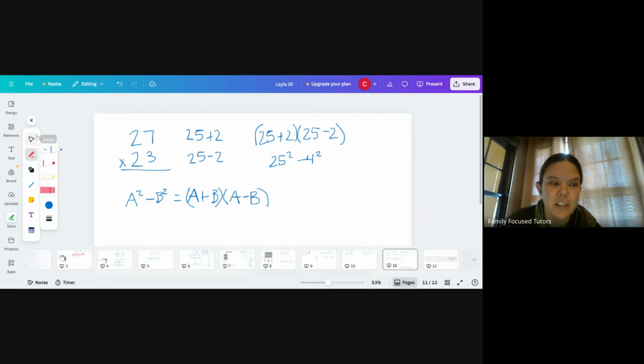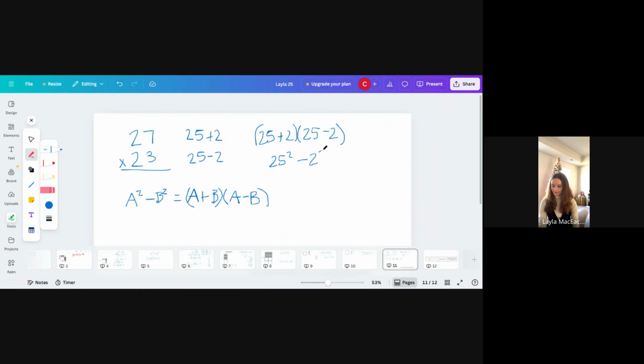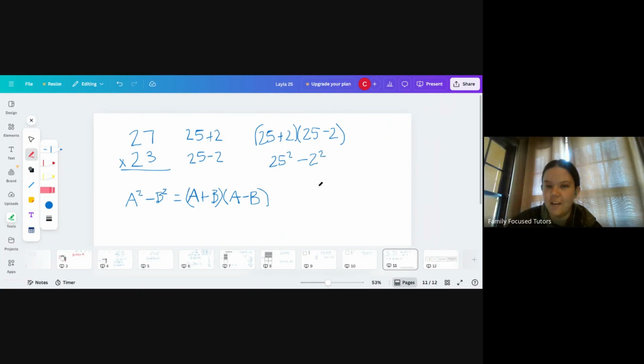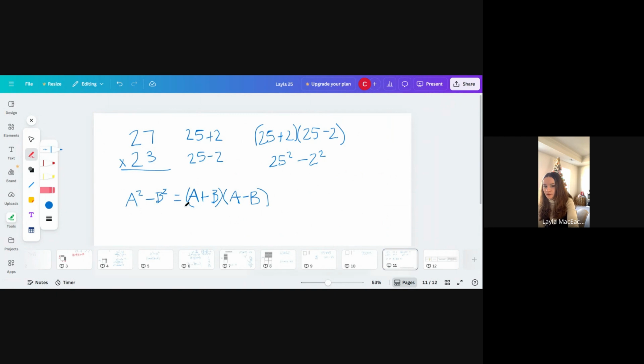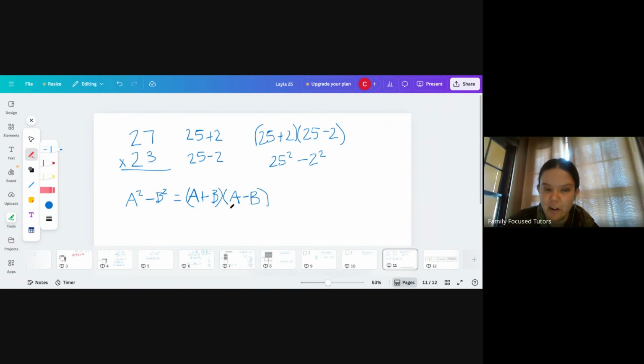Not 4 squared, I'm sorry, 2 squared. Because I have this part right here. So 25 is my A, 2 is my B. So then I can rewrite it as A squared, so 25 squared, minus B squared, which is 2 squared. Okay. That's a difference of squares.